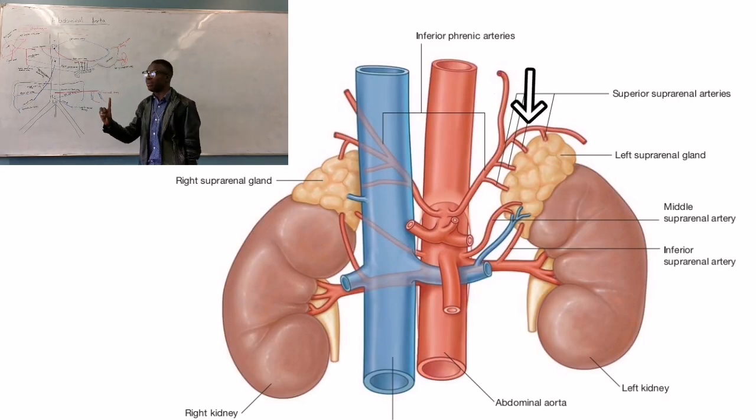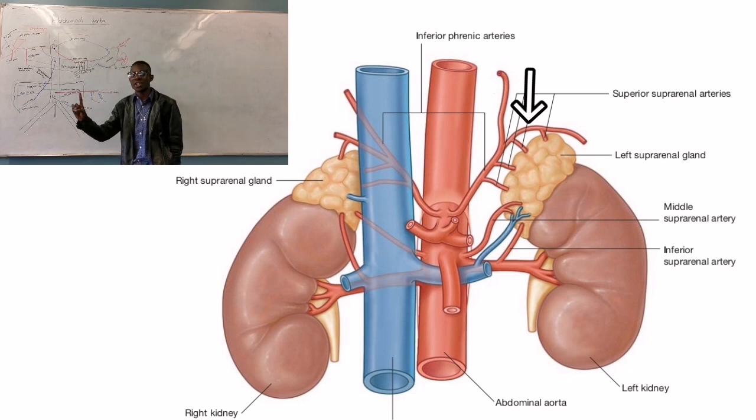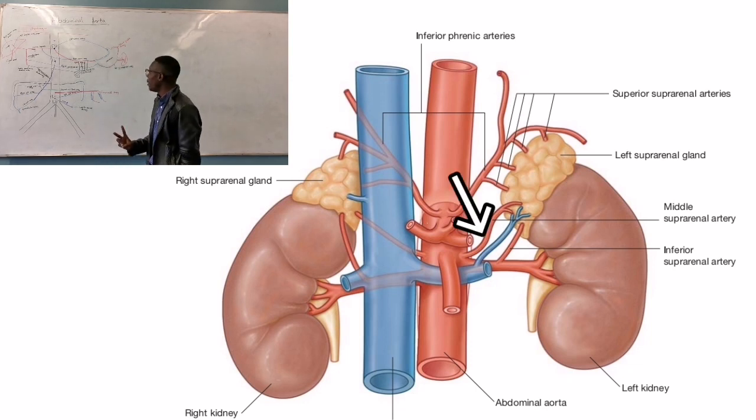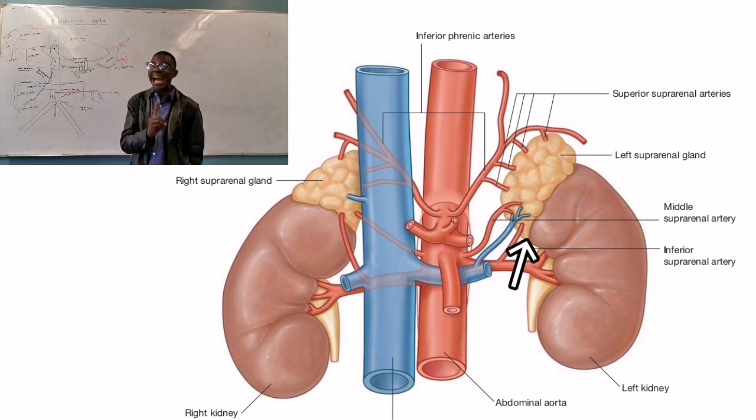The first is the superior suprarenal artery, which is a branch of the inferior phrenic artery. 2, the medial suprarenal artery, which is a direct branch from the abdominal aorta. And 3, the inferior suprarenal artery, which is a branch of the renal artery.